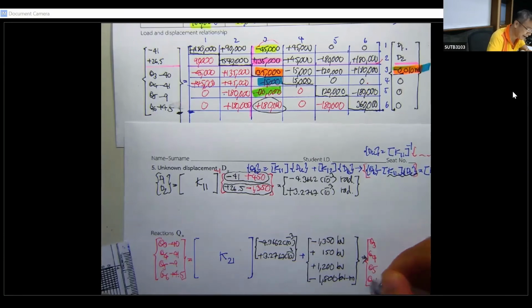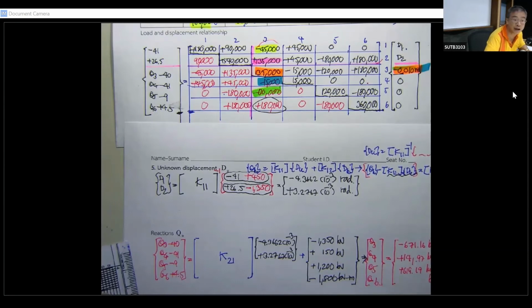Okay, and then let me conclude. What did you get? After some computation, you will get this one for minus 671.16 kilonewton, and this one plus 141.97 kilonewton, and you get plus 619.19 kilonewton following this, and the last one supposed to be kilonewton meter.